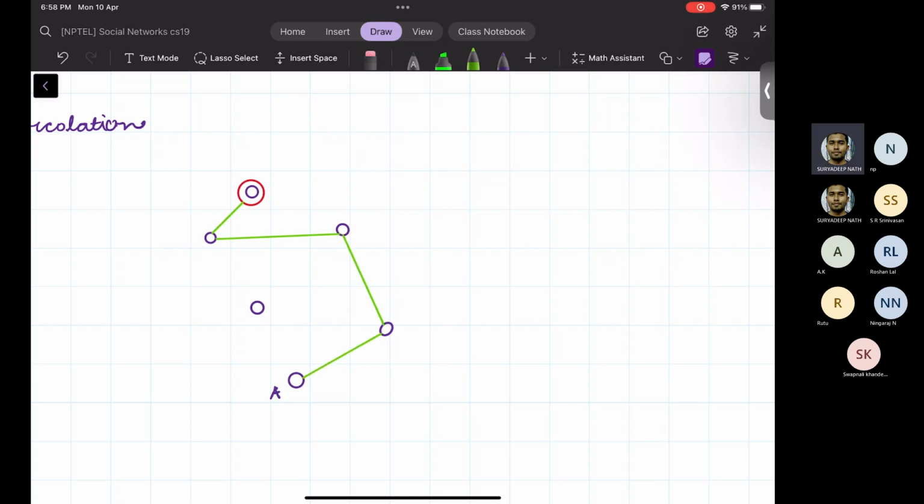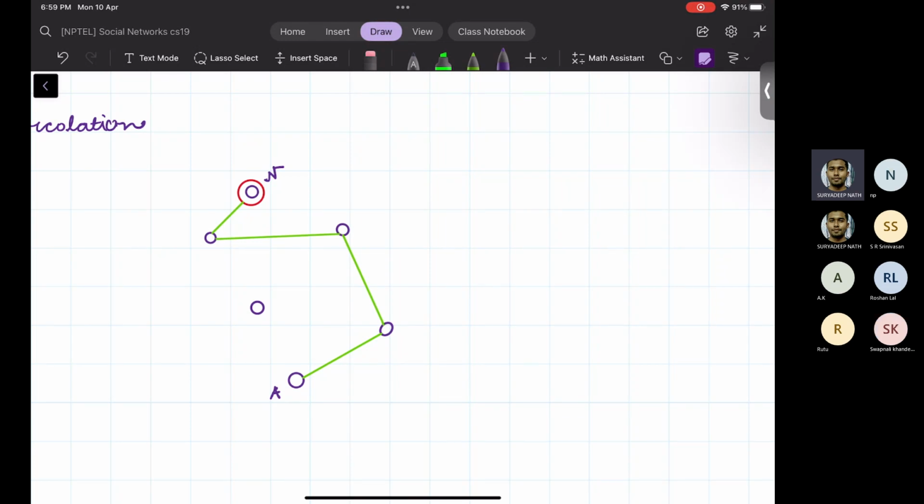Let us call this node N, the infected node. Green means an open edge, so the disease can move from node N to this node on the left, then to the right, then below, and then to A. There is a green path that leads from N to A. Therefore, in such a case, A is susceptible to the disease from N itself.